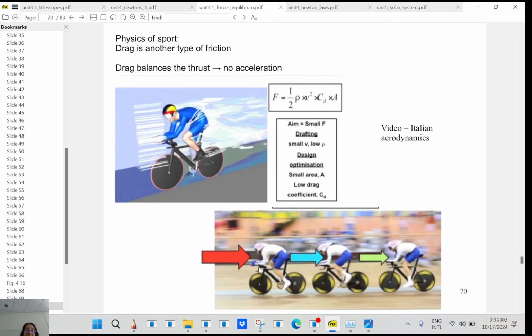And when this guy gets tired, this one takes over. That's how they do it. If you've seen geese flying, you always have a leader, and then the leader goes to the back and someone else takes the spot, right? So it's the same idea.